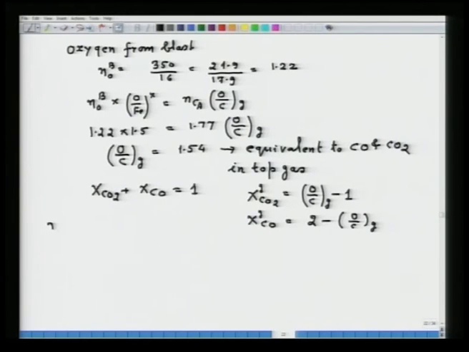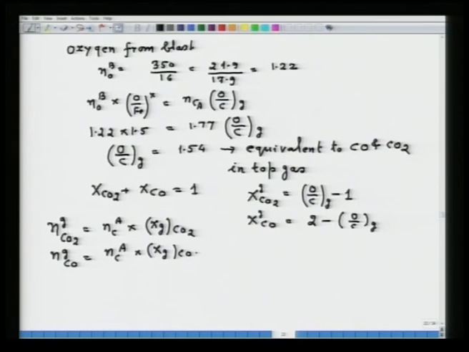So, I know now n_G,CO2 will be equal to n_CA into x_G,CO2, and n_G,CO is equal to n_CA into x_G,CO.